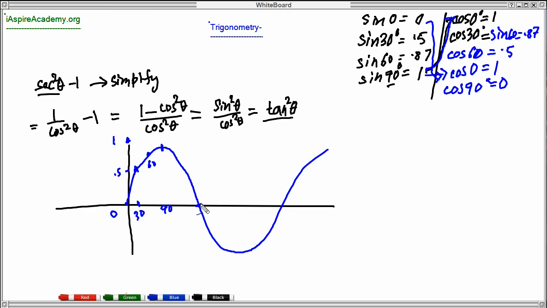And the value of sine here again is minus 1. So this is 90 degree, this is 180 degree, this is 60, 120 degree, this is 150 degree. So this is a 30 degree interval. And for every 180 degree, so this is 180 degree, this is 360 degree, it cuts the x-axis.